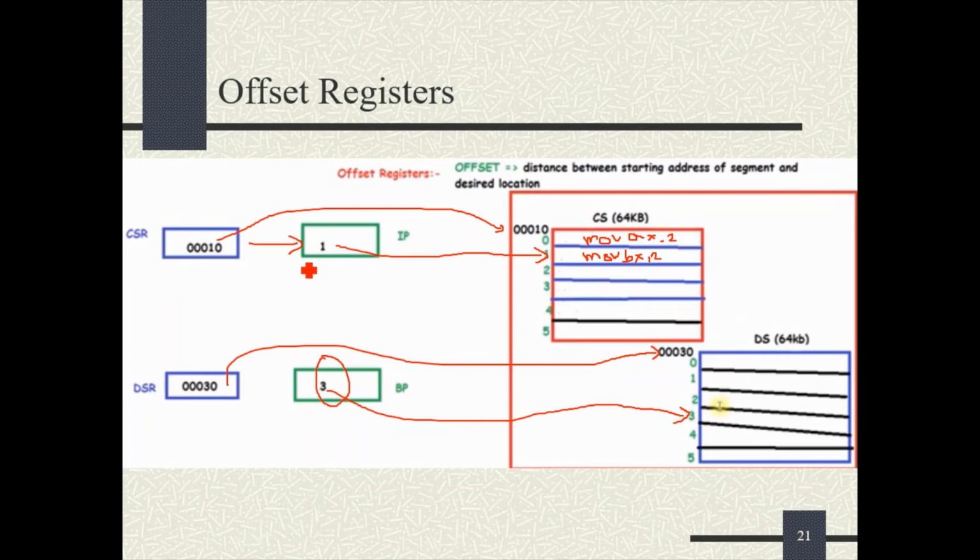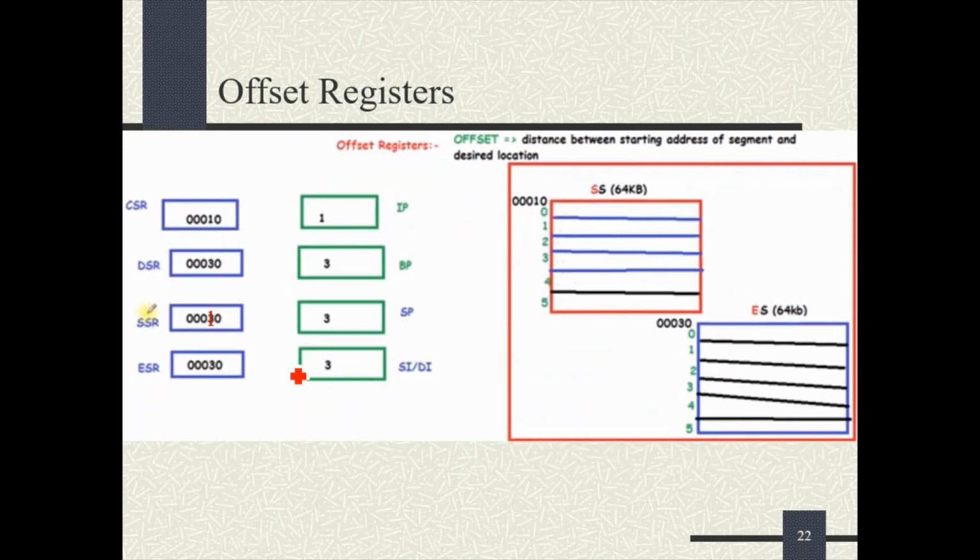Each segment register has its own offset register. For code segment register, the offset register is IP or PC. IP stands for instruction pointer and PC stands for program counter. And data segment register's offset register is BP. BP stands for base pointer. Similarly, for stack segment register, the offset register is stack pointer, denoted as SP.